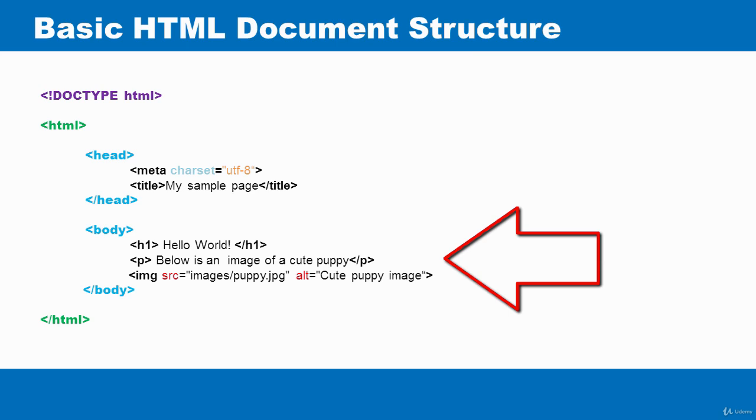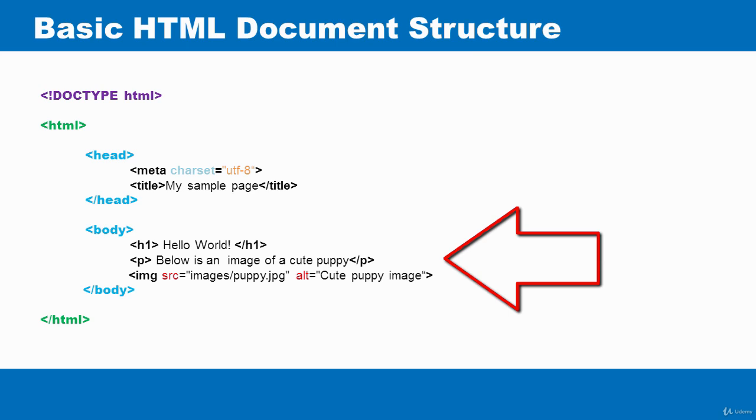The first attribute is called the SRC, or the source. If you're adding an image, you need to use the source attribute to specify where the image is going to be referenced from. For every attribute, you assign a value using the equals sign, and you enclose the values in quotes.